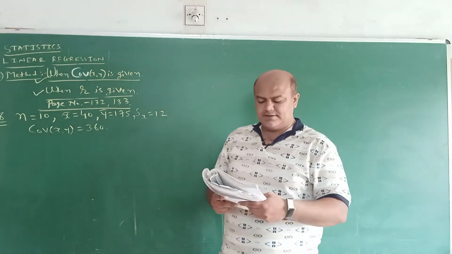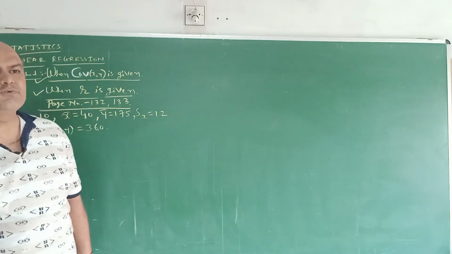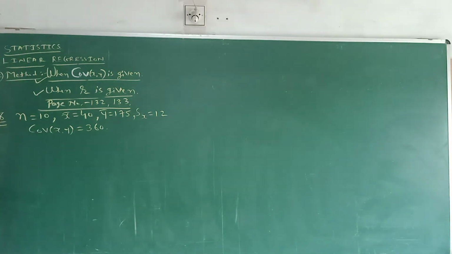So, to find the regression line, my dear friends, our first step is to find the regression coefficient. Regression coefficient is denoted by b.